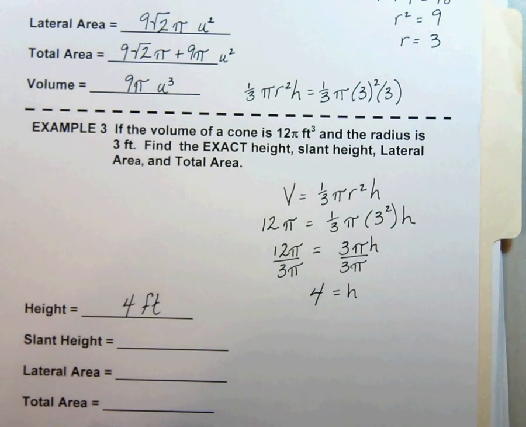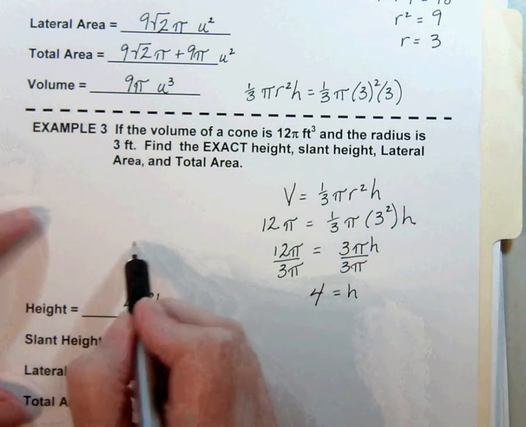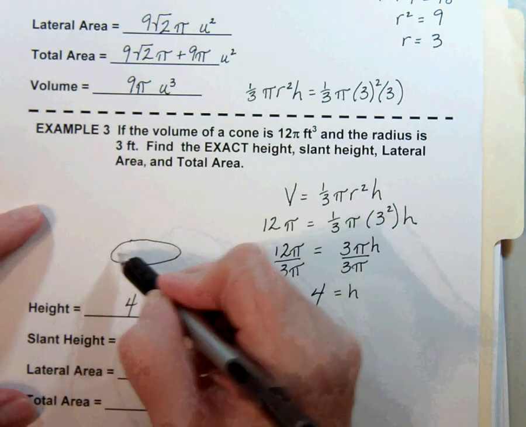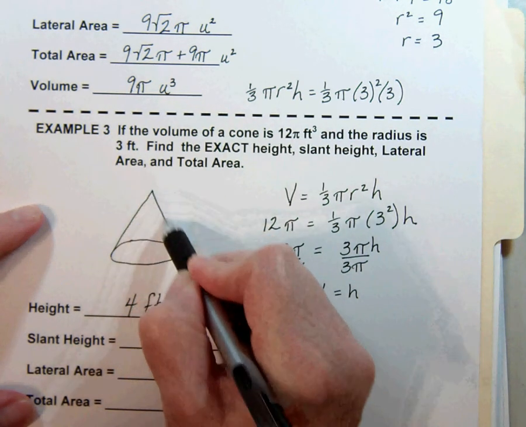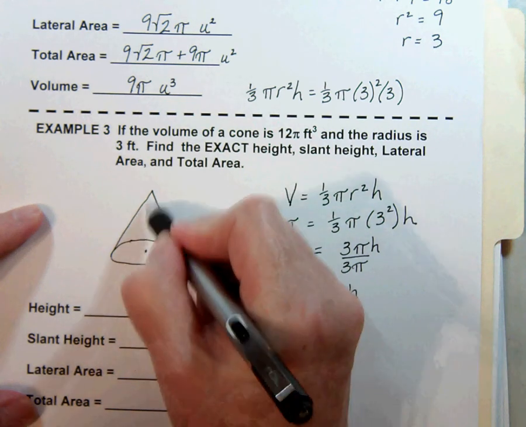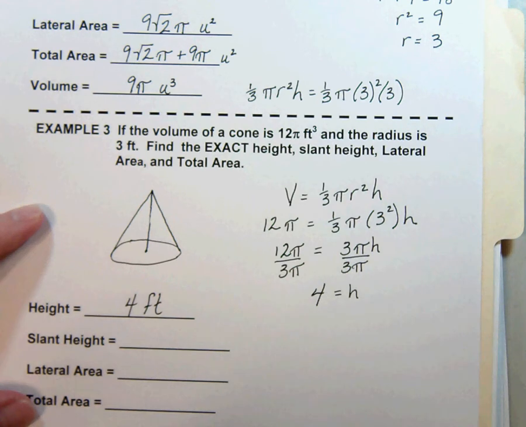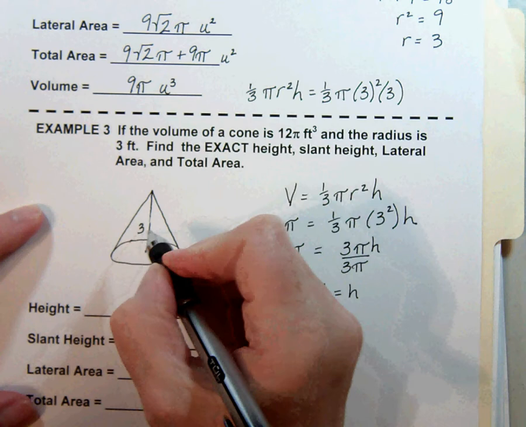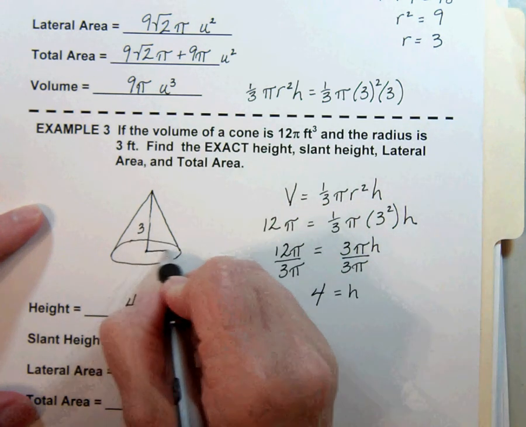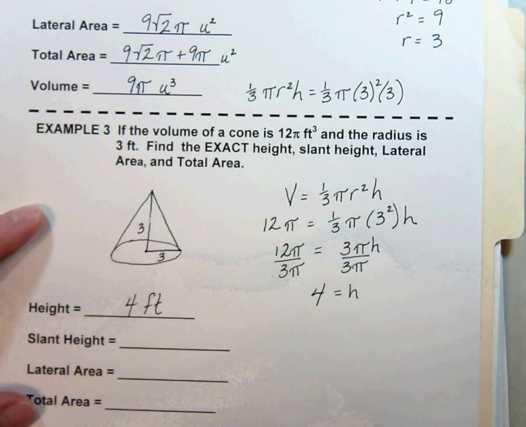The slant height, why don't we sketch a little cone here so you can understand what we're looking at. Remember that the line coming down from the center to the vertex of the cone is your height, and they told us that was 3. Oh, I'm sorry, the radius is 3. Let me fix that.